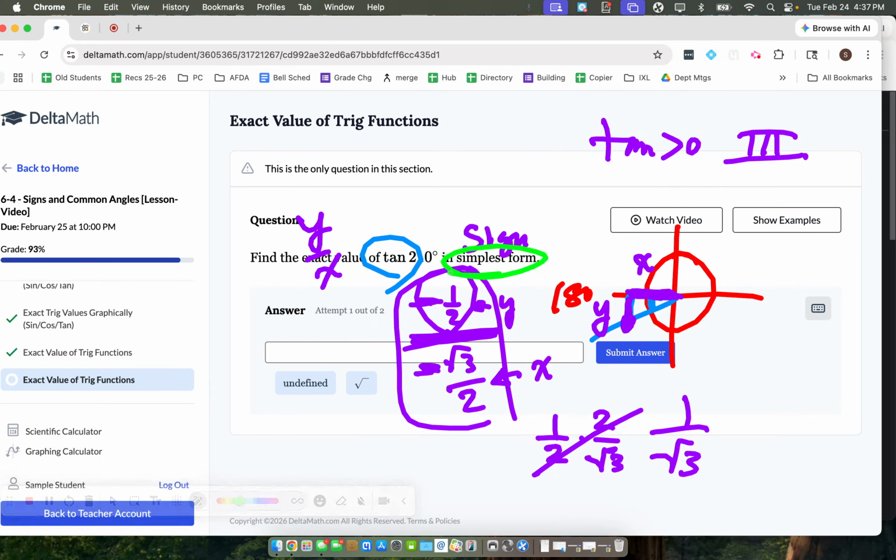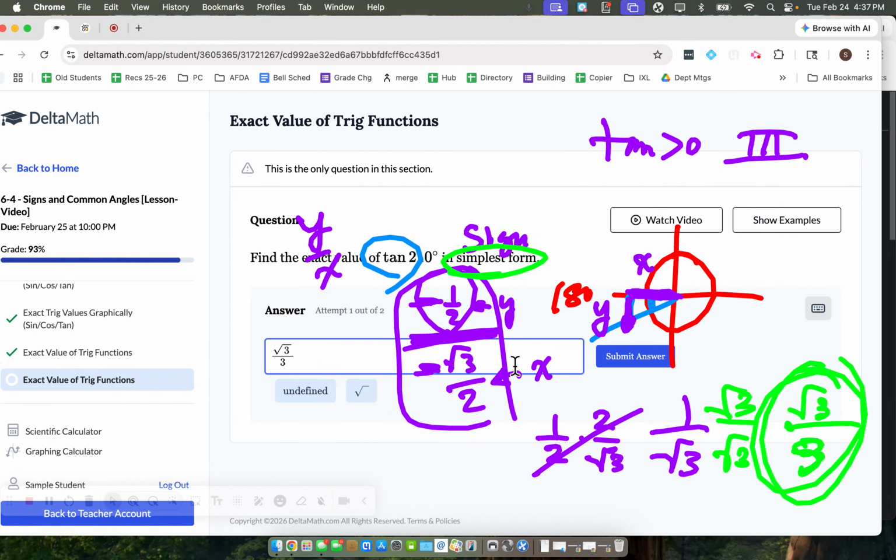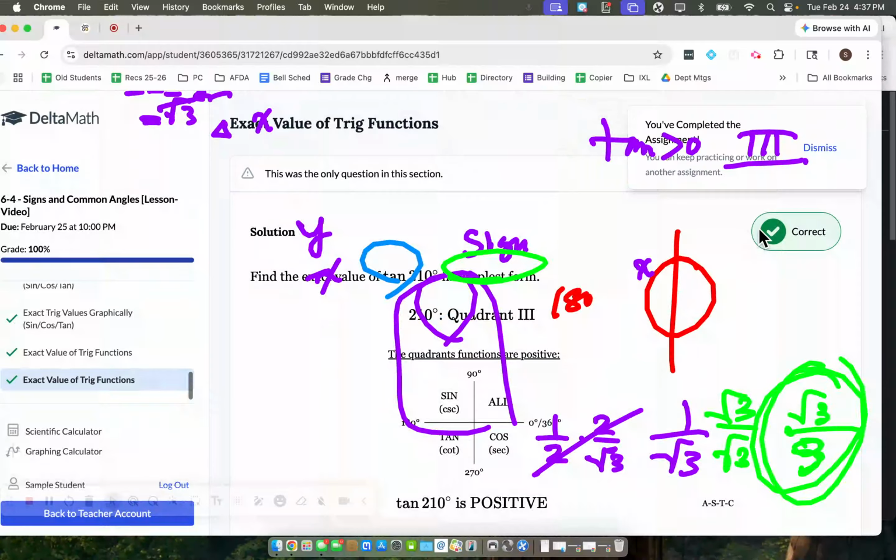Simplest form means you've got to abide by the rules of not having a radical, an irrational number in your denominator. So you do one of these moves and you get this, and it's positive. √3/3.